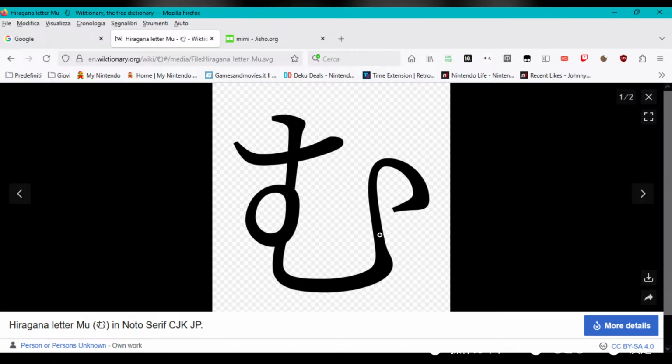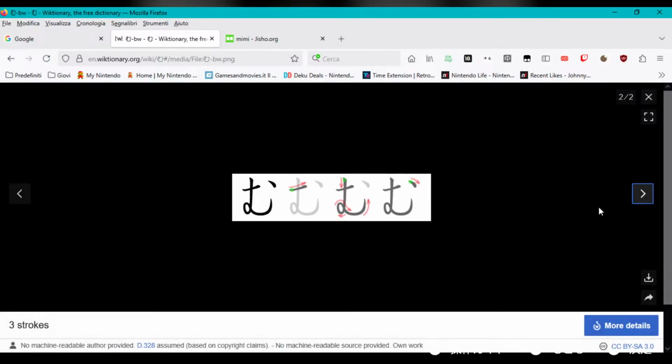Left to right, up. And we end here. It's actually much easier usually because the final part of the second stroke is actually a separated comma on top. So left to right, down, top to bottom with the circle, left to right and go up. But then we end with a third stroke that is a comma. Mu.